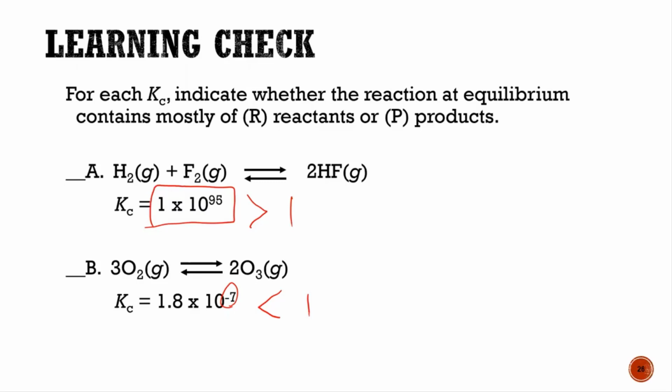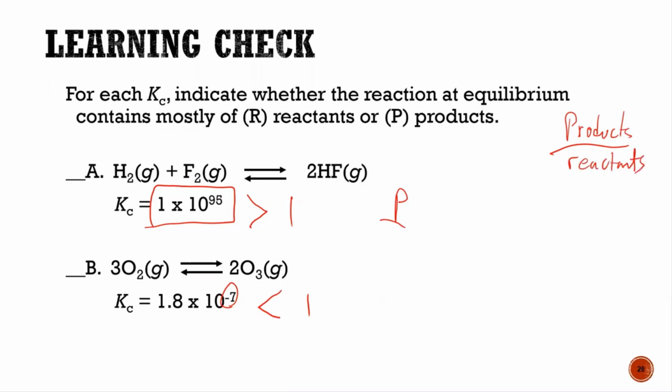So if my number is bigger than 1, that means the quotient is large, means I have more numerator, the products are favored. If my number is less than 1, it means I have a bigger denominator. And again, the quotient is products over reactants, right?